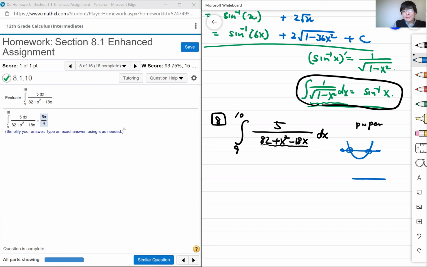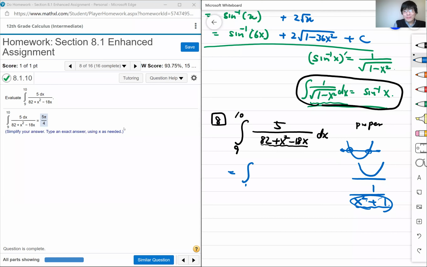Another type is when the quadratic function has no real roots. In such a case, you have to use completing the square to make the denominator look like this: a square plus a square.